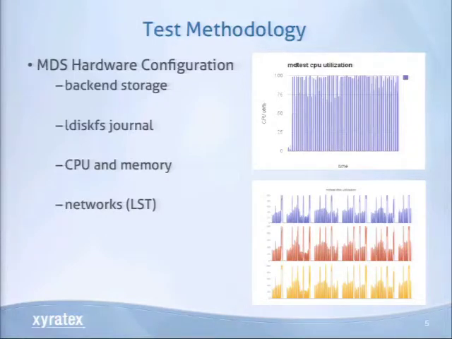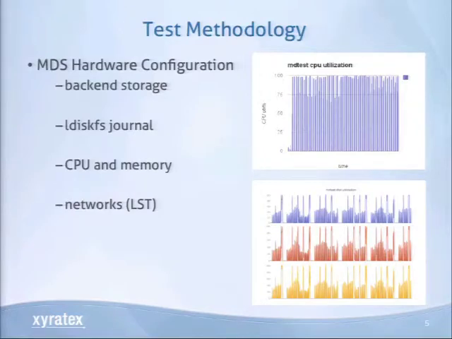You see they're underutilized, most of the time at about 50%. But in the figure above, the CPU was running most of the time at 100% load. So clearly, the CPU is a bottleneck of this kind of hardware configuration. If you want more metadata performance, you have to have a more powerful CPU.